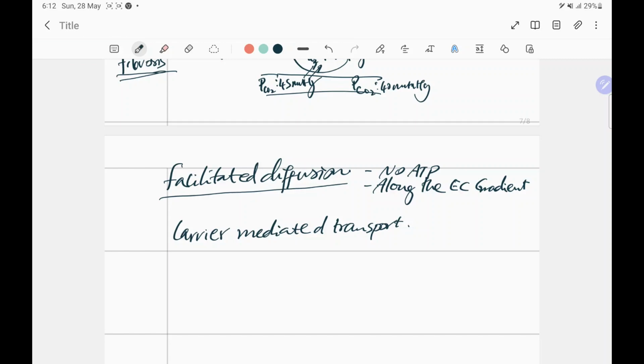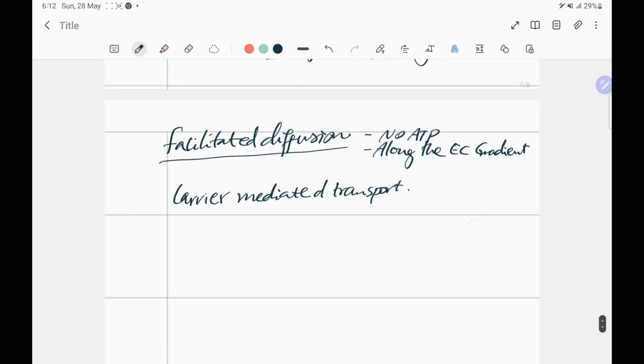If you look at a carrier, it is a kind of transporter protein. You have this phospholipid bilipid layer of the cell membrane, and you have a structure made of protein which goes across the entire length of this bilipid layer.